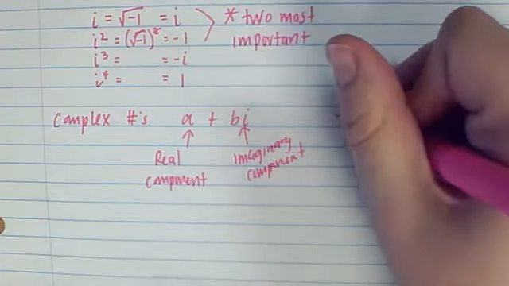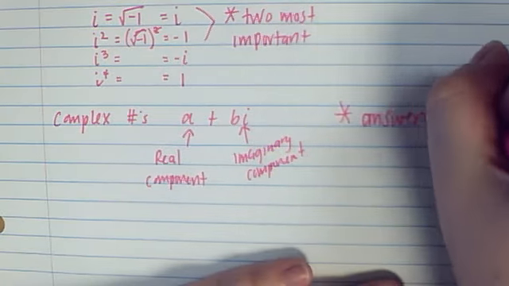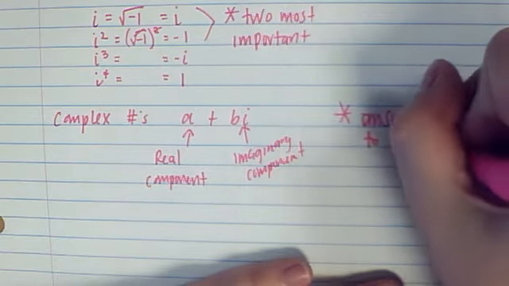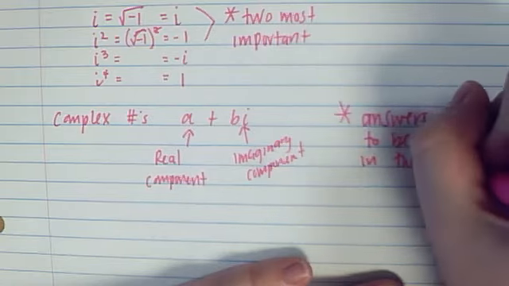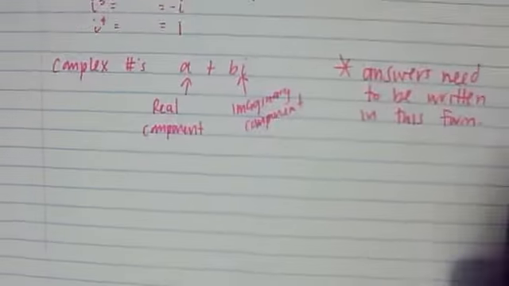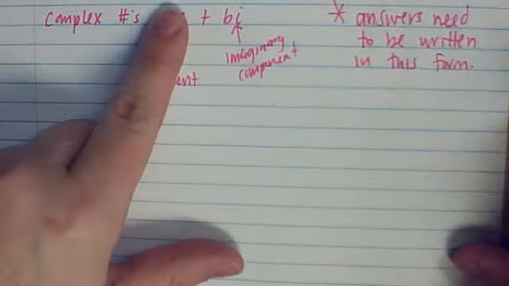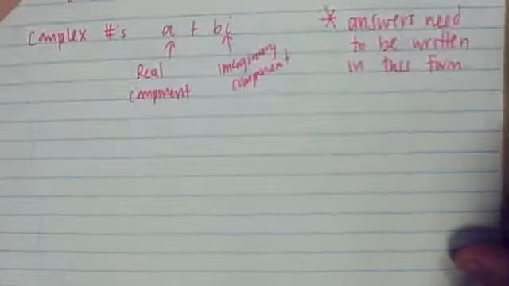Okay, this is the form that it needs to be in for it to be completely accurate. So make sure it's written with the real number plus imaginary number, only if there is both of those two things.